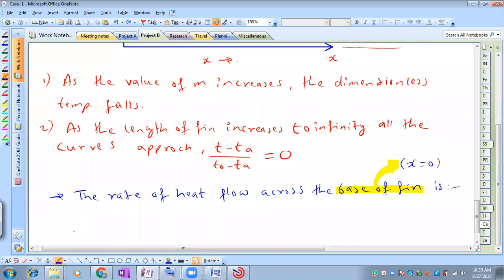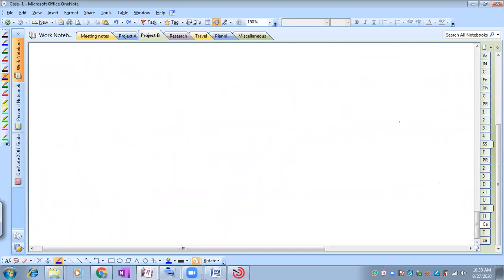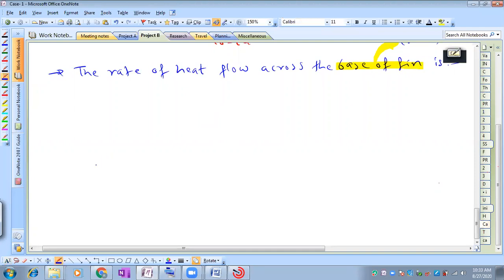So how can we calculate? We can apply the Fourier law of heat conduction. So what is Fourier law of heat conduction? Q is equal to minus kA, where A is the cross-sectional area, into dT by dx.